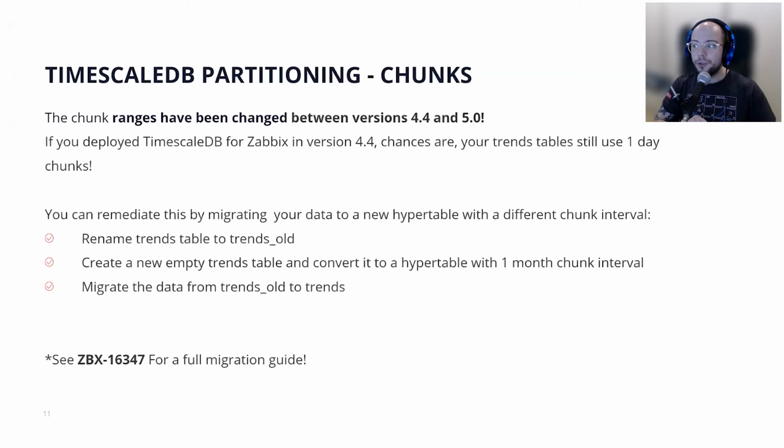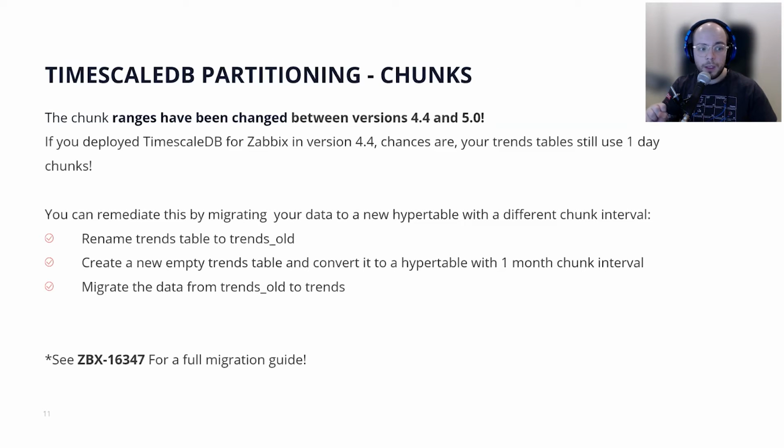The chunk ranges, for those of you who have maybe upgraded from an older version, from 4.4, for example, or older, have changed over time. In older minor versions, I think 4.4, the trend chunk was still daily. It used the daily logic.